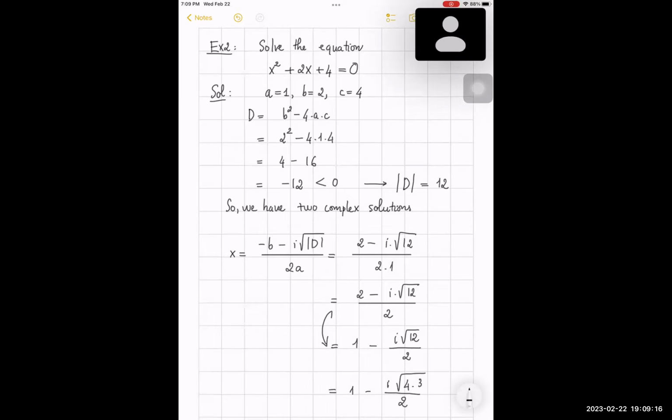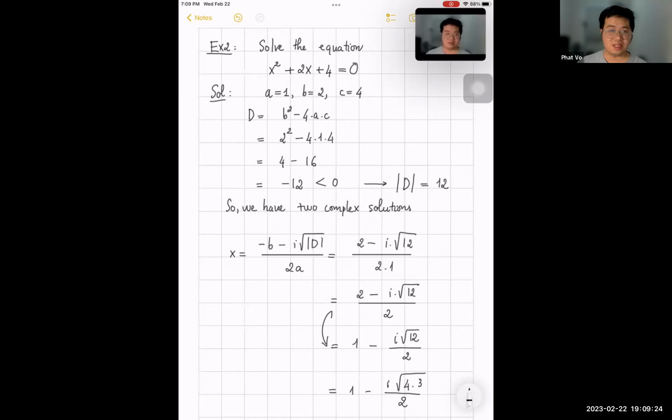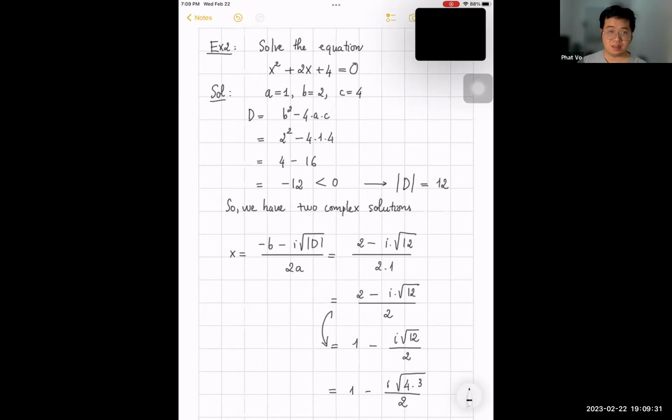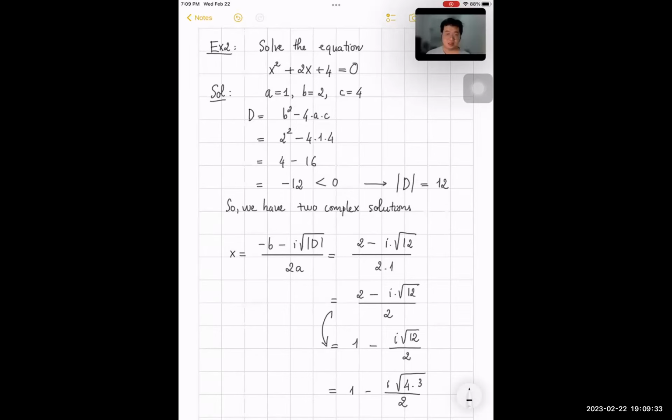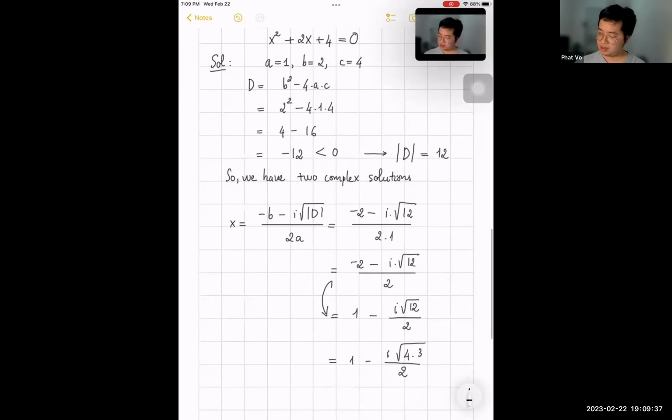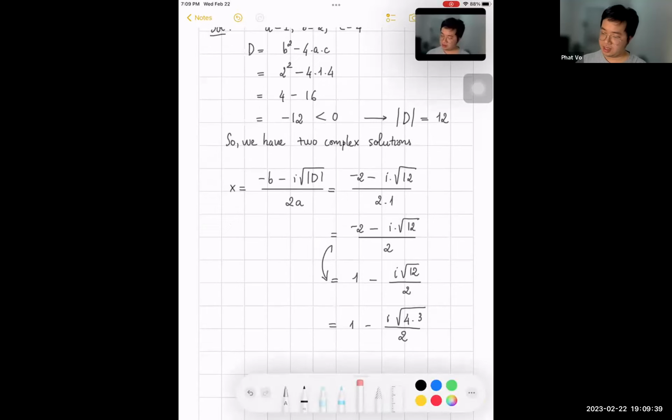So wouldn't it be negative 2? It would be negative 1 minus I root 12 over 2, right? You ask about the discriminant or you ask about the solutions? Well, because b equals 2. So negative b would be negative 2. Yeah, exactly. Okay. Sorry for this. I forgot the sign here. Okay. Thank you, Cole.